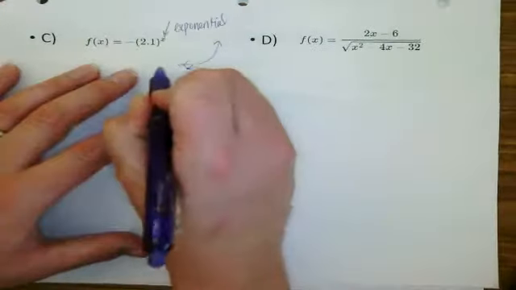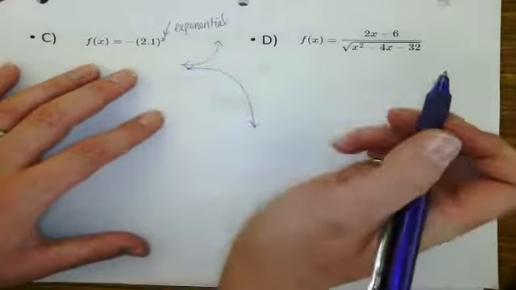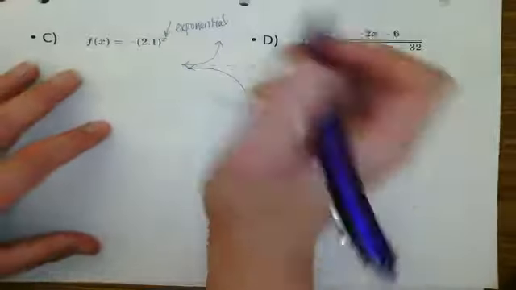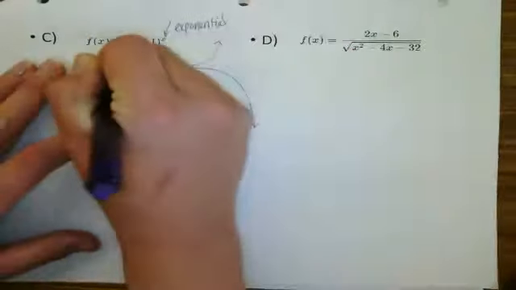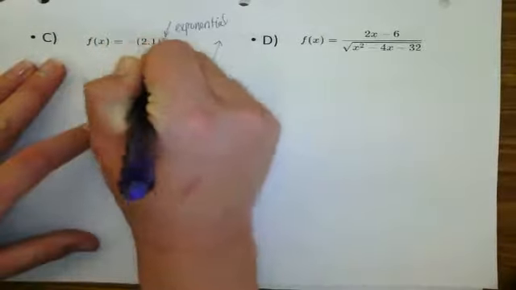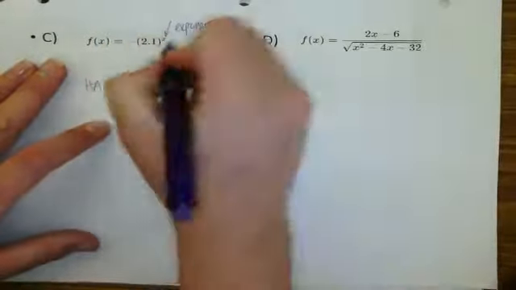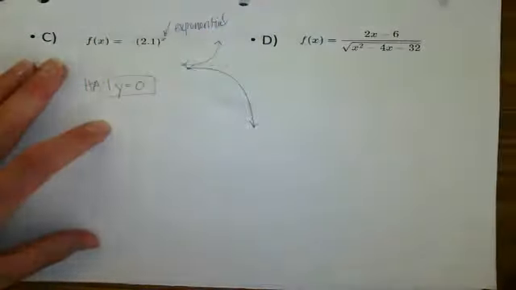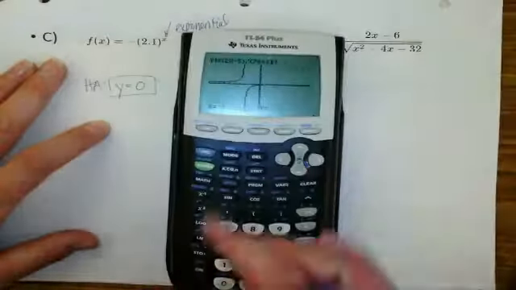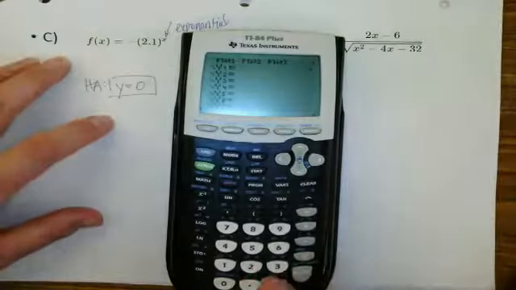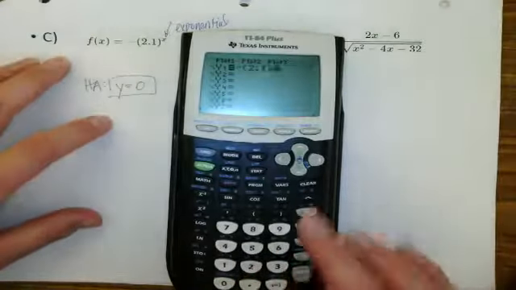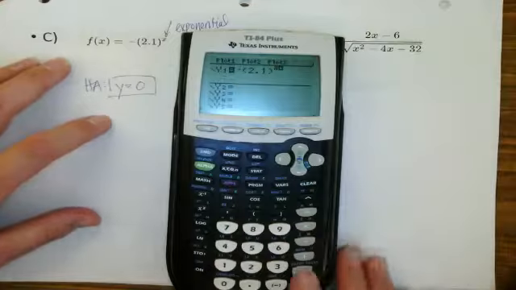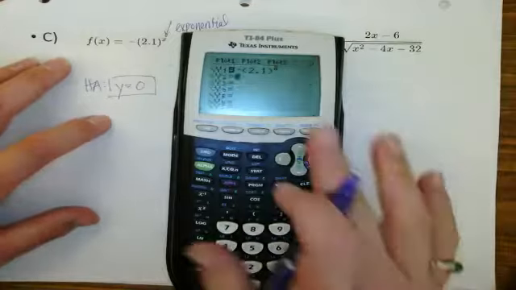But exponential functions have a horizontal asymptote, always, always. And in this case, that horizontal asymptote is at y equals 0 because there's nothing added or subtracted. And again, if we wanted to be sure, negative 2.1 to the x. When in doubt, graph it out.